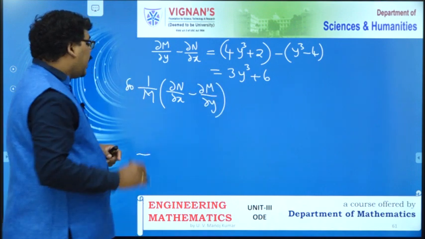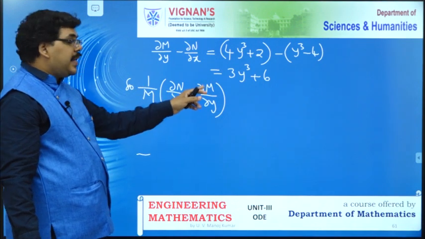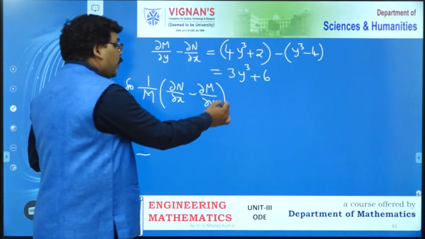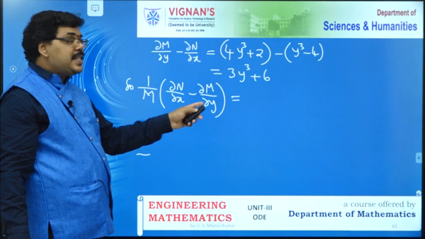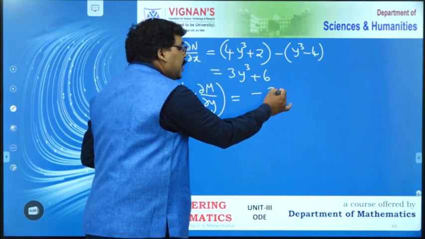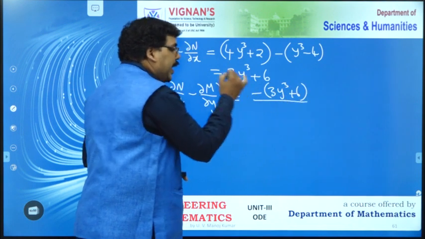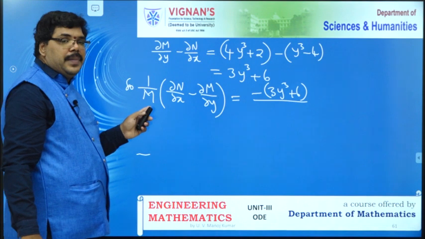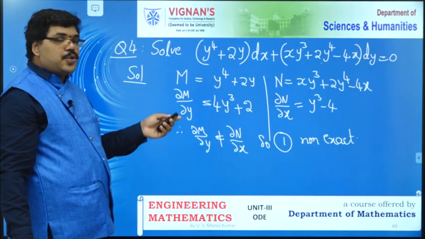So what happens to 1 by M into dou N by dou x minus dou M by dou y? It is minus 3y cube plus 6 by M. What is your M? Y power 4 plus 2y.